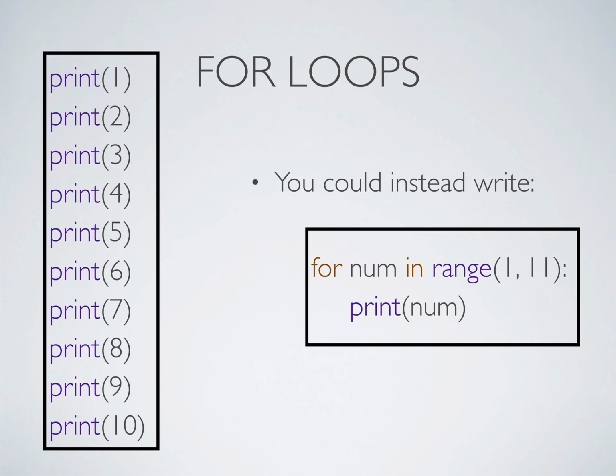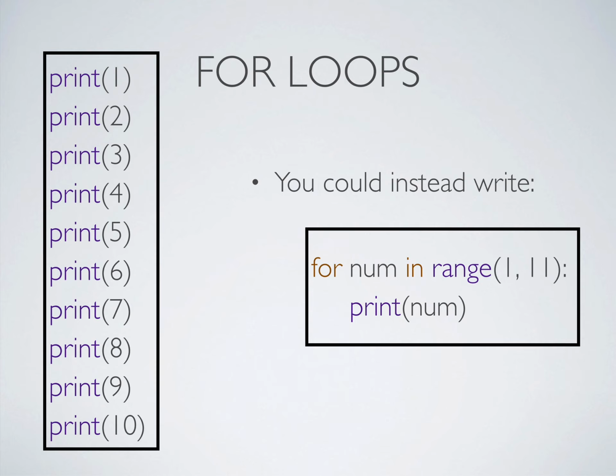Alright, so here is an example of a for loop. So the way a for loop works is you have the word for, and then some variable, and then the word in, and then you have to give it some sequence of numbers, and we'll talk about what this range thing does in a minute.